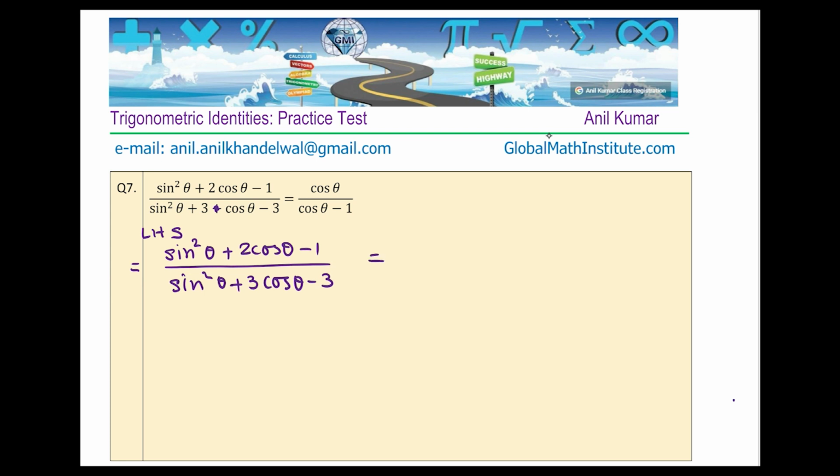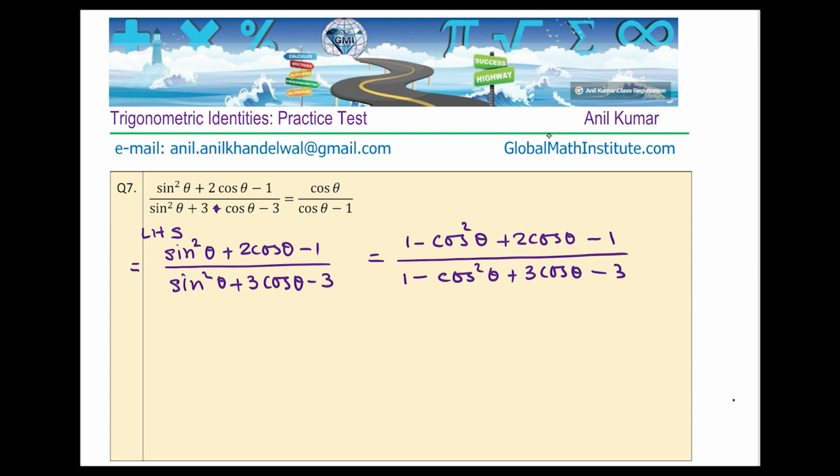So writing sin²θ as 1 minus cos²θ, we get (1 − cos²θ + 2cosθ − 1) divided by (1 − cos²θ + 3cosθ − 3). Now 1 and minus 1 will cancel, correct?